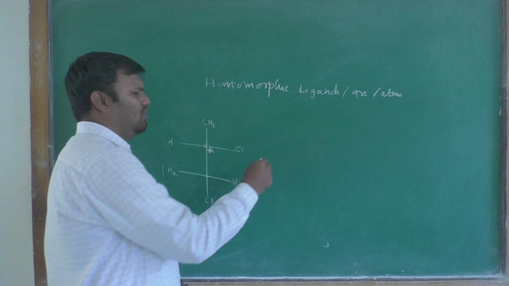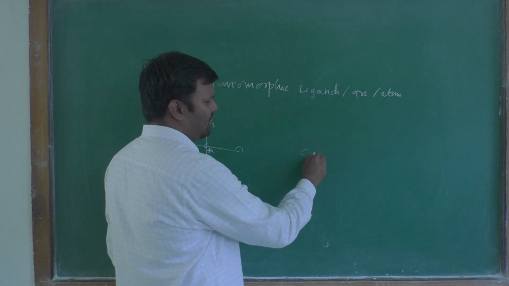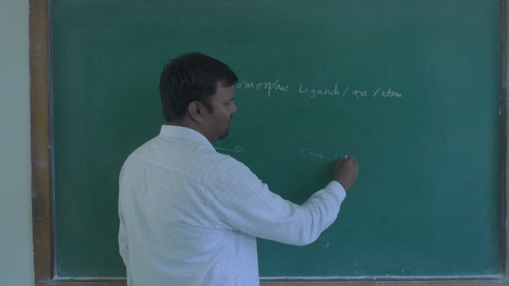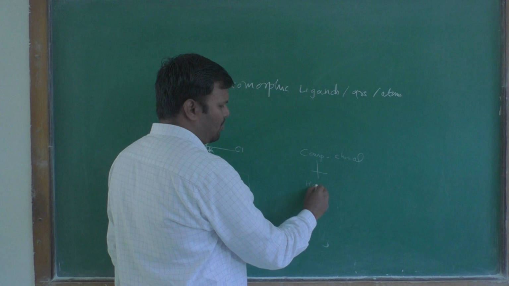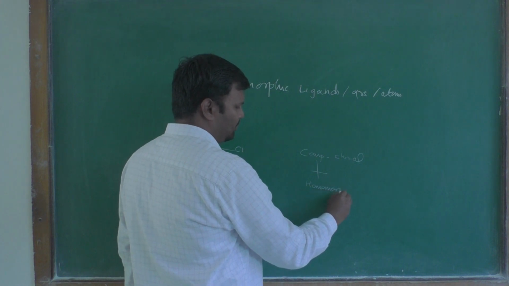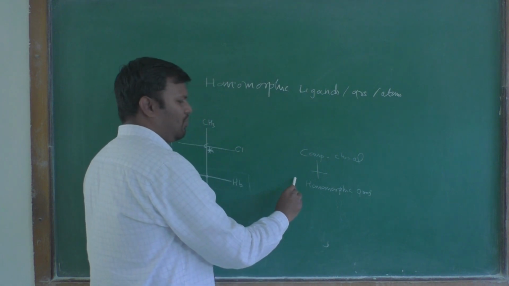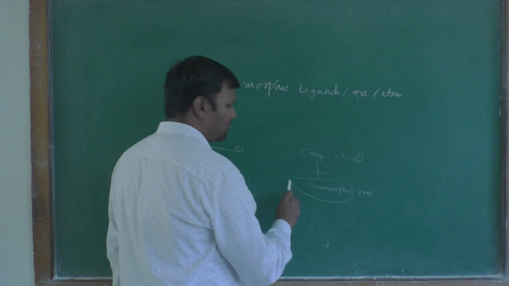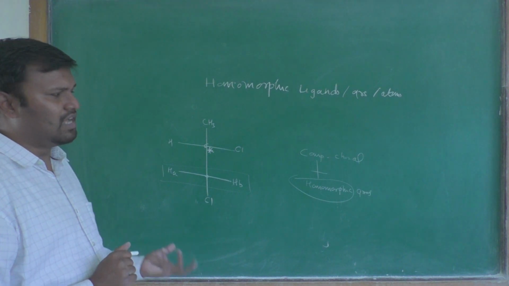If suppose your compound has a chiral center, anywhere, and it also has homomorphic groups, and if you replace these homomorphic groups, you will obtain diastereomers.